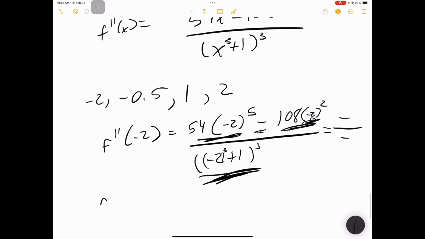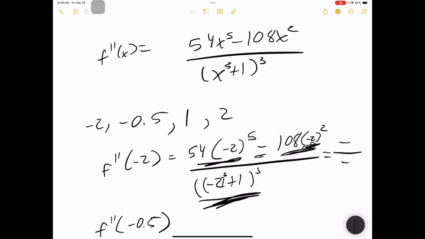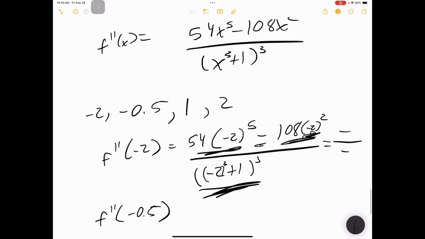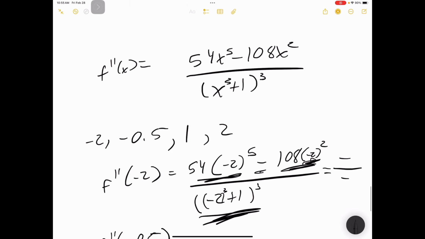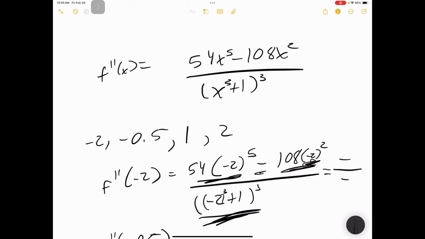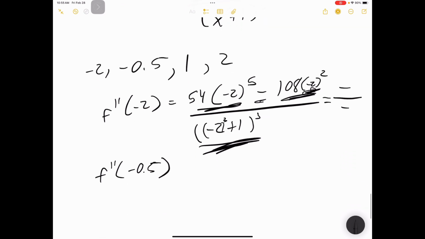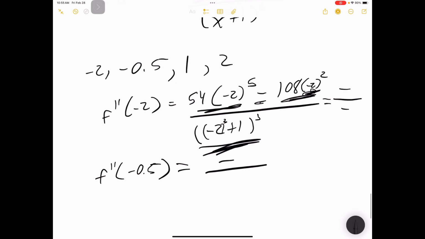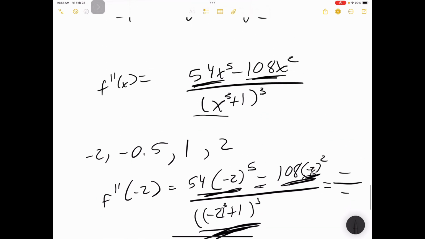Now we're going to do the same thing with f double prime of negative 0.5. When I plug in negative 0.5, the numerator is going to work the same way. I'm going to get a negative number minus a positive number, which is going to be something super negative. So we get negative on the top. And then the denominator, negative 0.5 cubed, is something smaller in magnitude than 0.5.